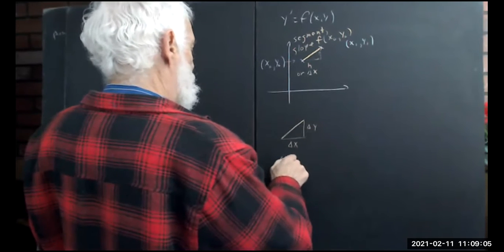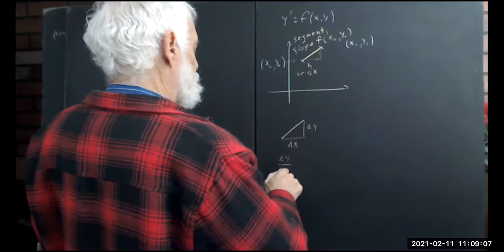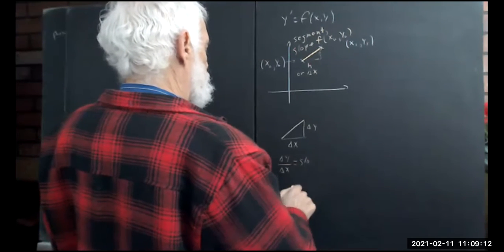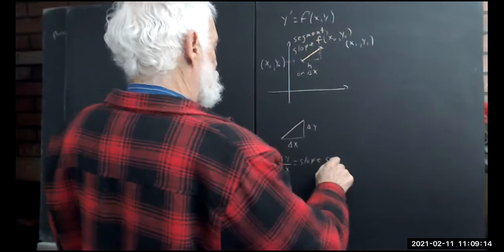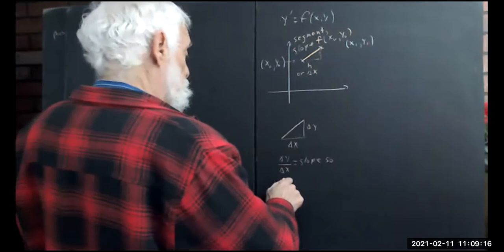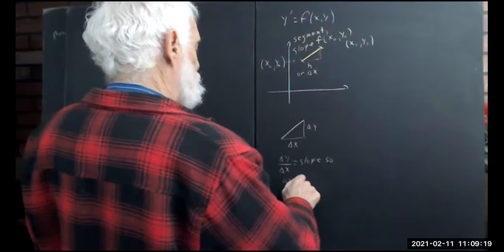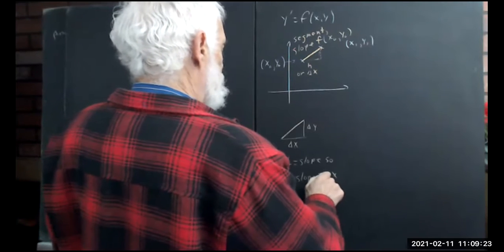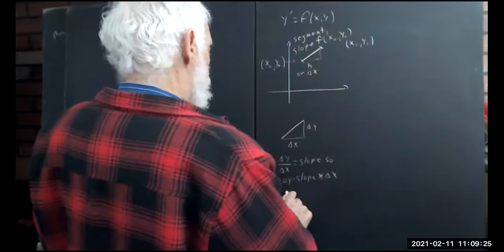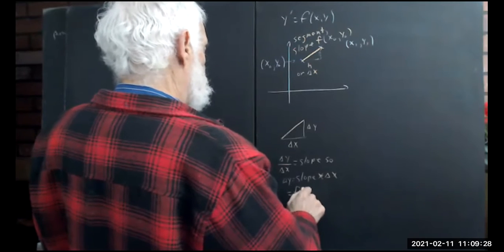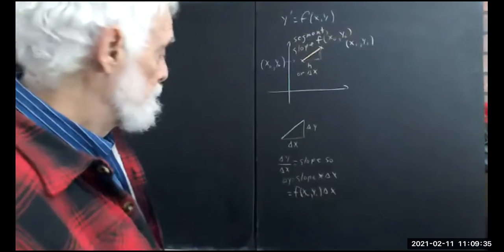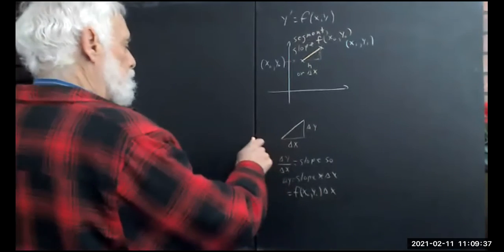Well, delta y over delta x is a slope, so delta y is a slope times delta x, which equals, of course, f of x naught, y naught times delta x.